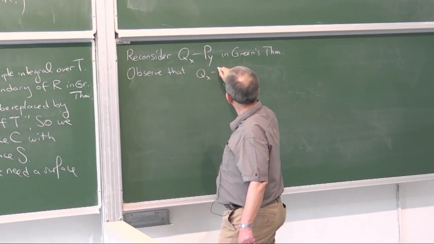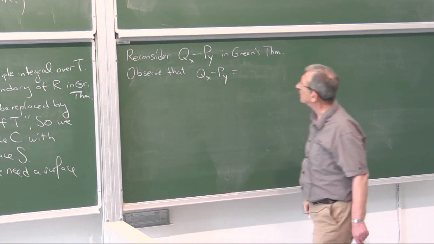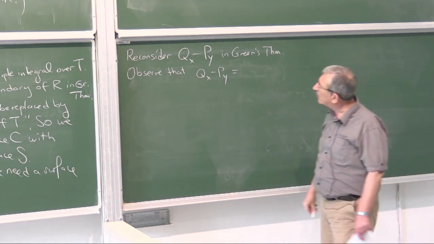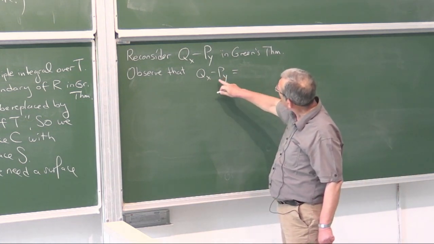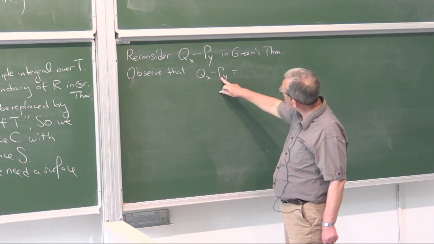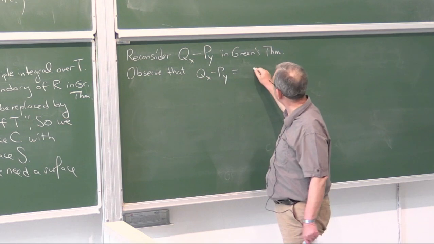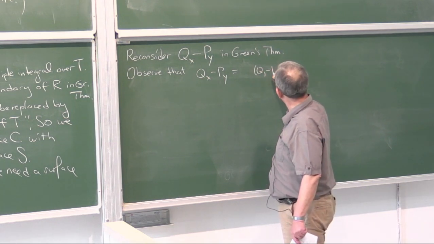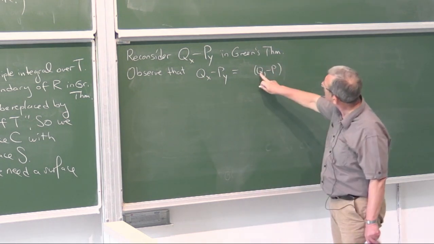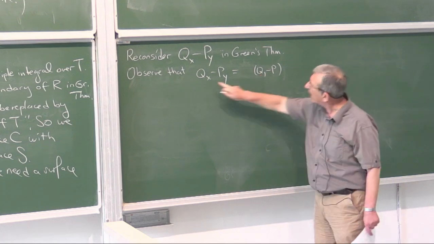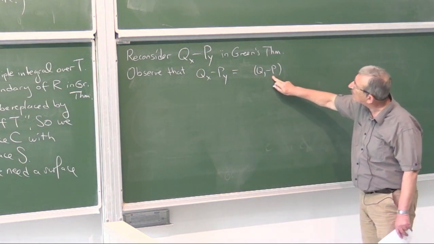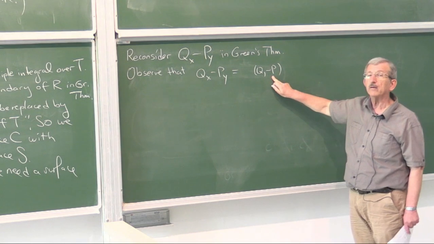U sub x minus p sub 1. Now, I can regard it as minus p in the second position and q in the first position. That's to say, I can consider q, minus p. Now, I take the derivative of q with respect to x, and I take the derivative of minus p with respect to y.